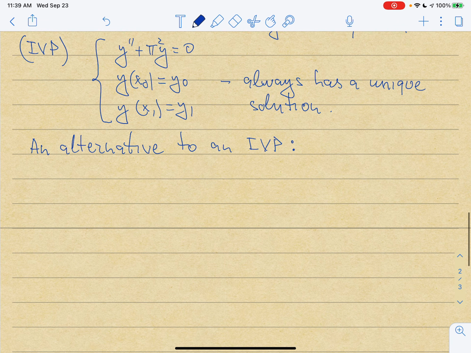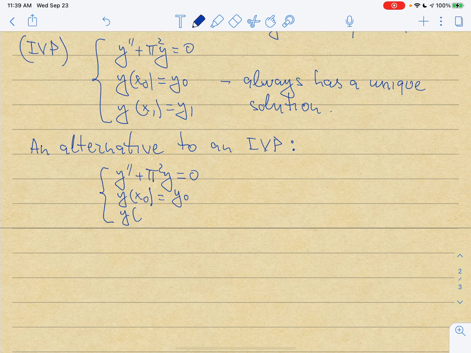So for instance, I can say that y double prime plus pi square y equal to 0, and then y of x0 is still equal to y0, but I can also prescribe y at some other point, x1, and say that this is y1.